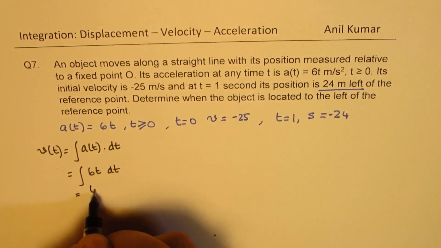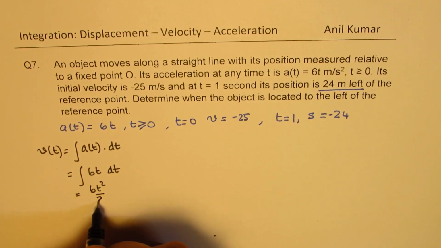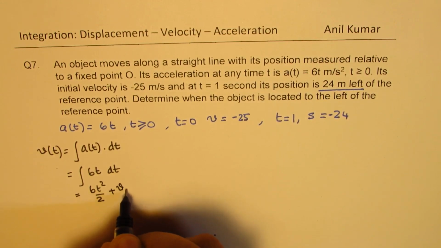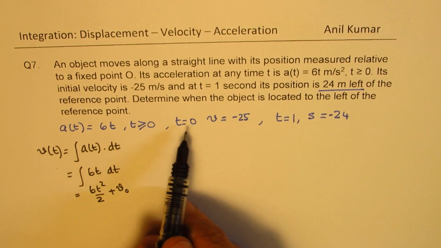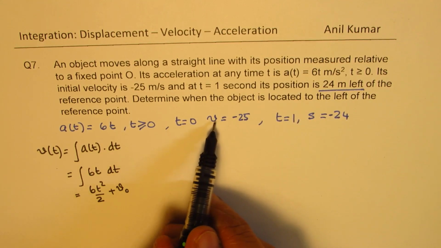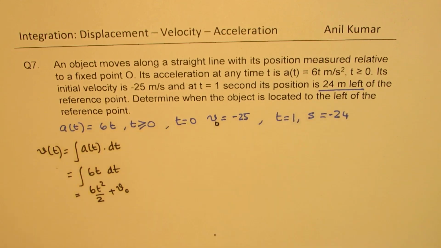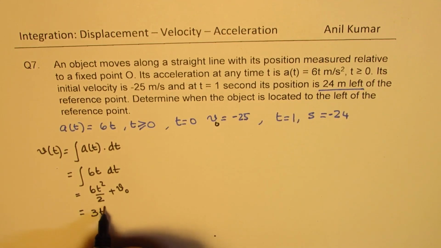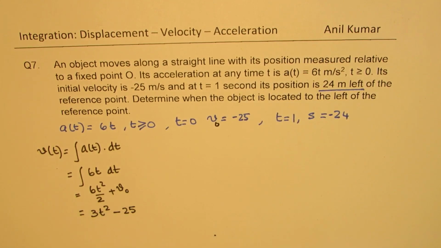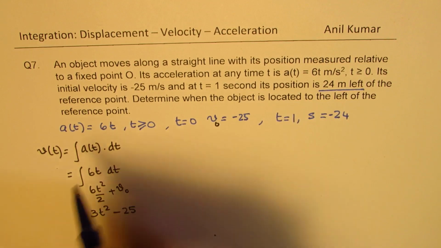So which is 6t squared over 2 plus initial velocity v0. Now at t equals 0, we are given velocity is minus 25. So v0 is given to us as minus 25. So we could write this as 3t squared minus 25. Is that clear to you? So we get the velocity function, correct?